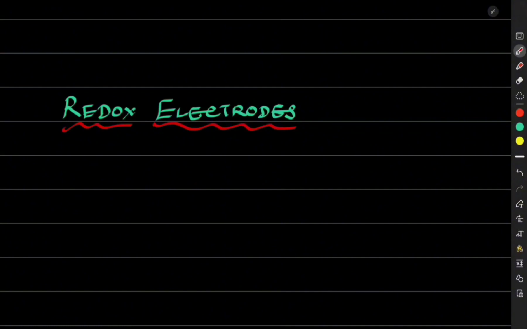Last electrode is redox electrodes. Both oxidized and reduced species are present in that electrode solution. Redox electrode. Let's write it down.